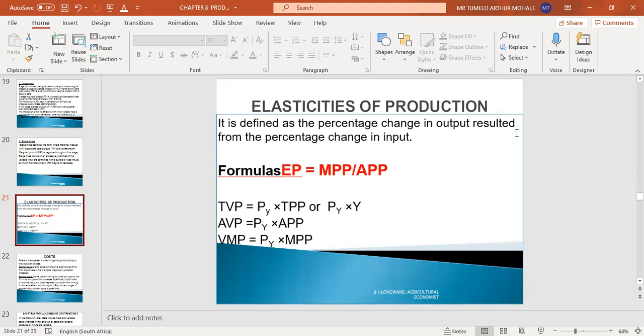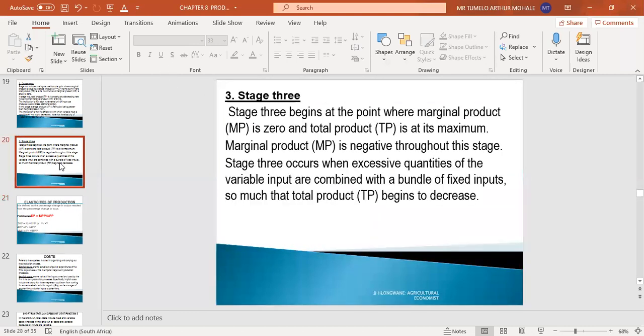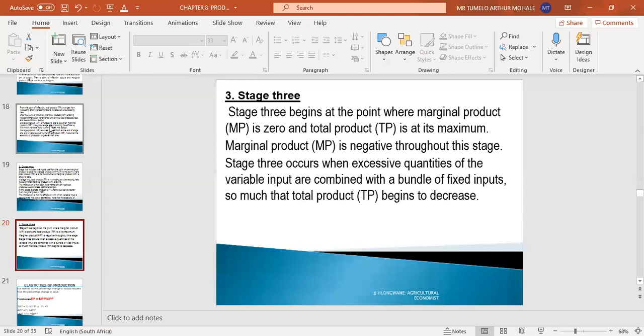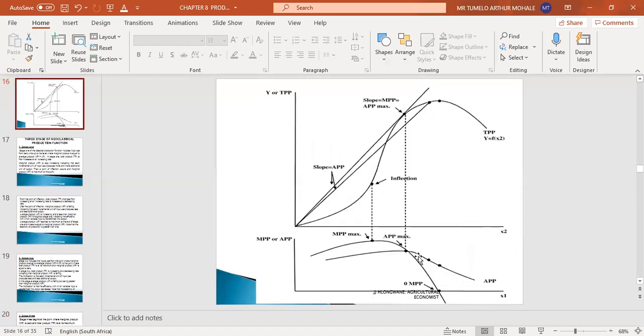So what is the elasticity of production condition at stage 3? Stage 3, they did not mention it. Let me check. I don't know about the elasticity of production in stage 3, but what I know is that it's going to be negative. Why is it going to be negative? Because if you check the graph, stage 2 ends here. It ends at a point where the MPP is 0. Then immediately after 0, the MPP becomes negative.